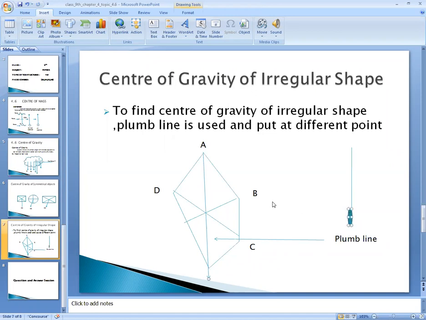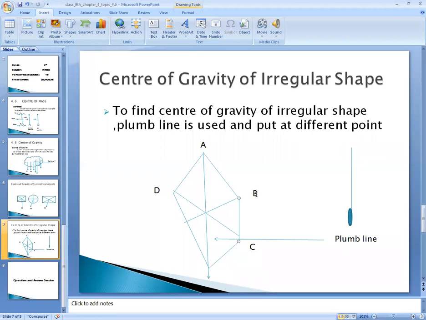This is called a plumb line. So I pass the nail over here at point A, and pass the plumb line over here. This will be my first line, and then I pass the nail at point B.